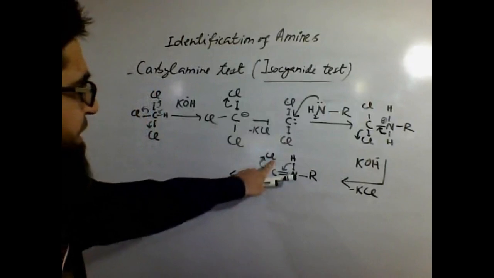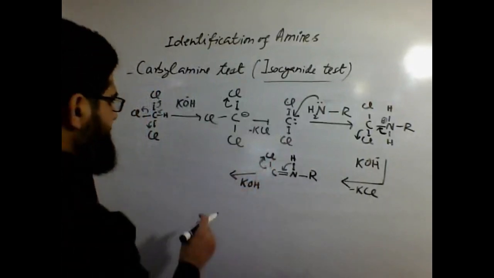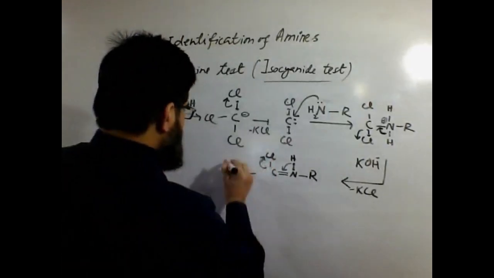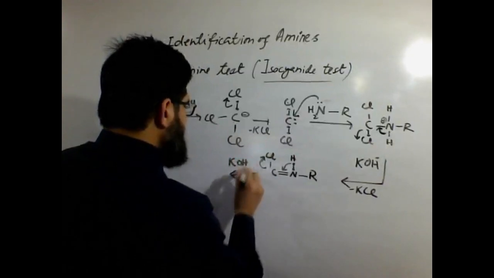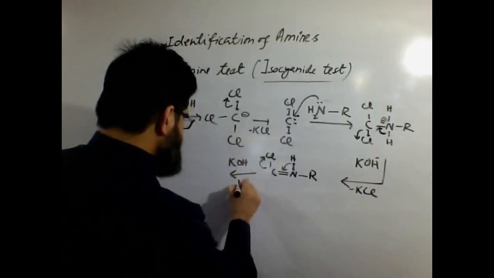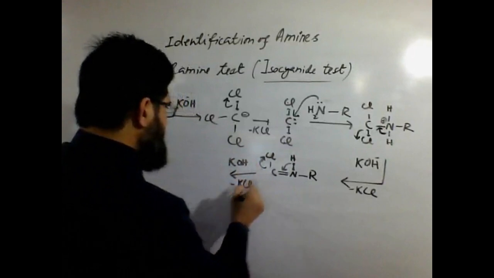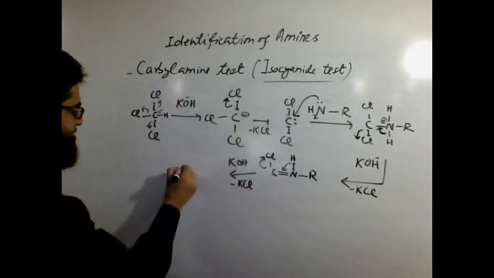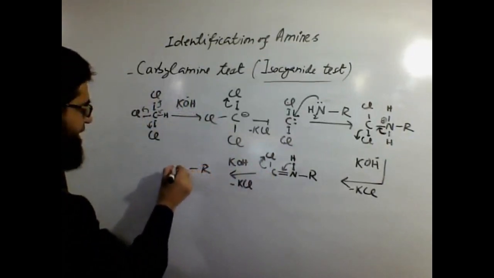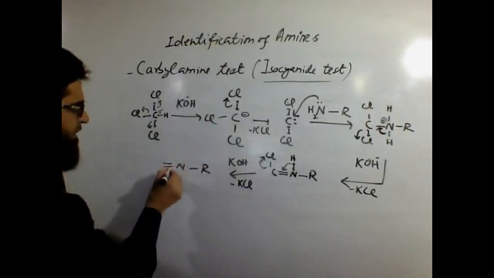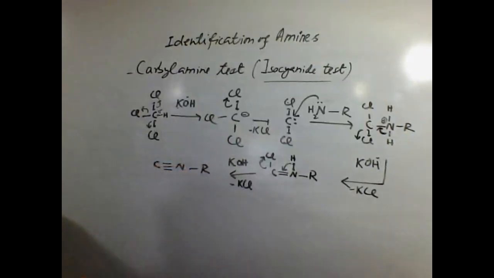It will make a bond with the K. I would write it over as KOH. It will move out as KCl again. So we will have R, N, and then triple bond C.